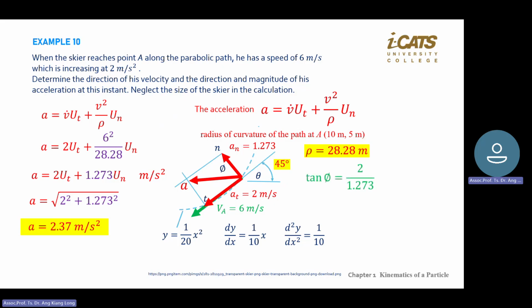And you use this angle, this triangle. Tangent is opposite divided by adjacent side. Opposite is 2, side is 1.273. It's just a unit like your IJK in the global axis, a vector unit in tangent and normal.